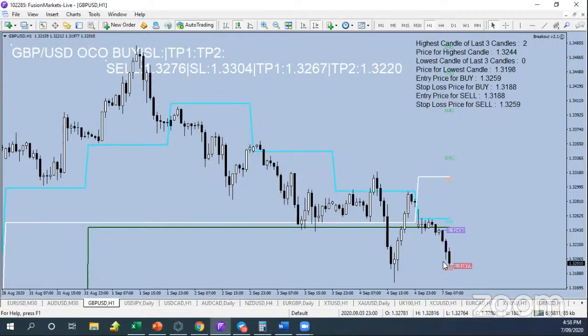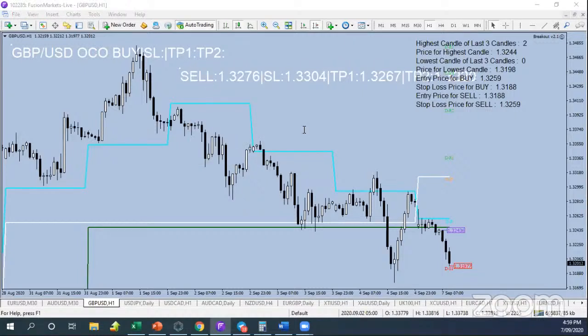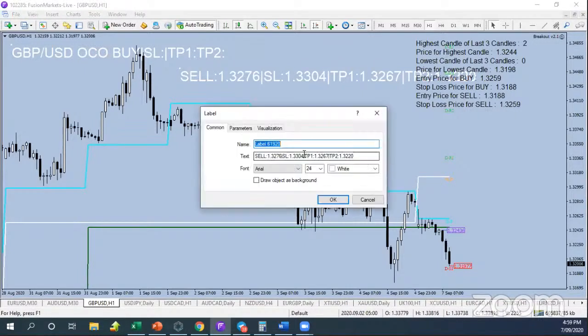The sell: at this point I'll have to wait till the candle closes, but I can certainly tell you the stop loss, which will be at 1.3222.